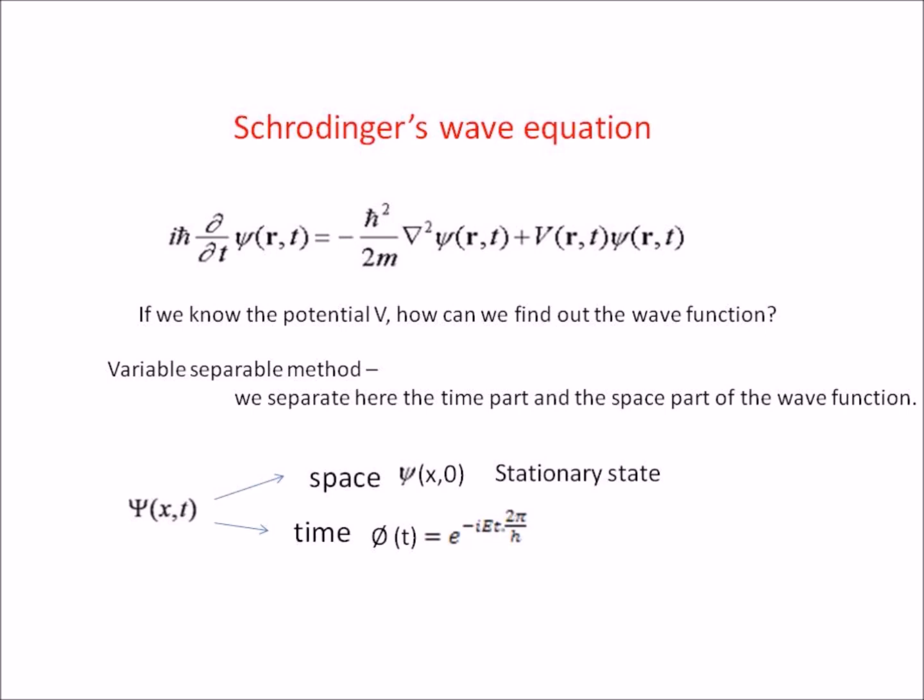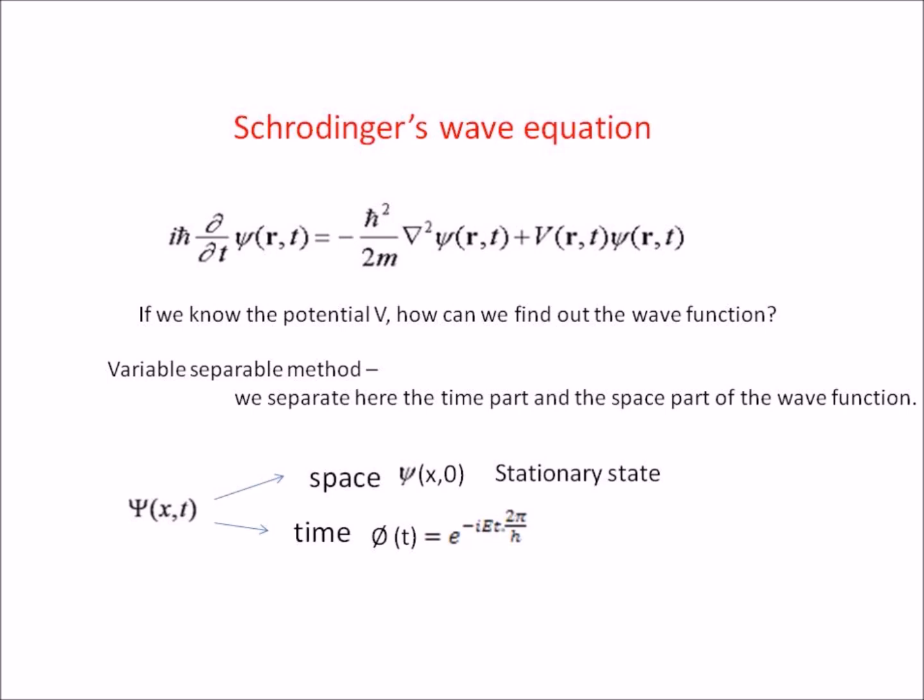In this case, the space part is at initial condition, so we can also call it a stationary state, and the time part φ is equal to e raised to minus i E t by h cross, or we can say e raised to minus i E t 2π upon h, where h is Planck constant.